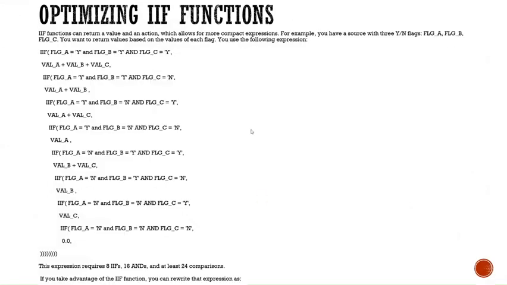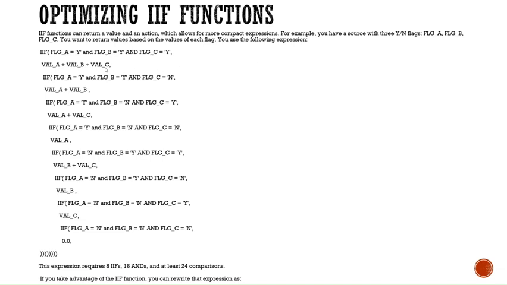Optimizing the IIF function. In the IIF function, which we mostly use inside Informatica expressions, suppose you write an IIF function, it can return a value and an action, which allows a more compact expression. For example, if you have a source with three Y and N flags, flag A, flag B and flag C, and you want to return a value based on the value of each flag, you use the following expression.